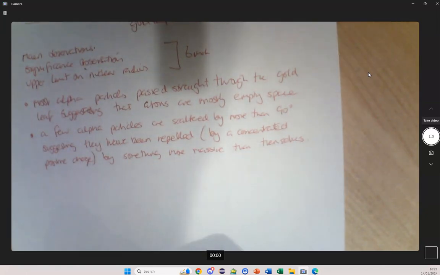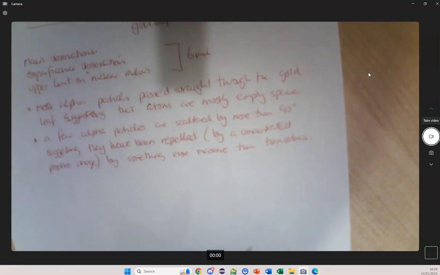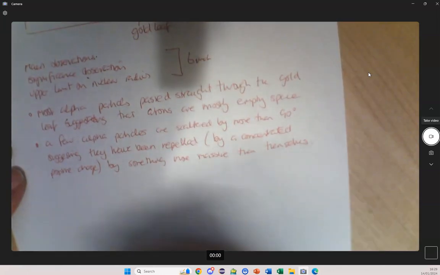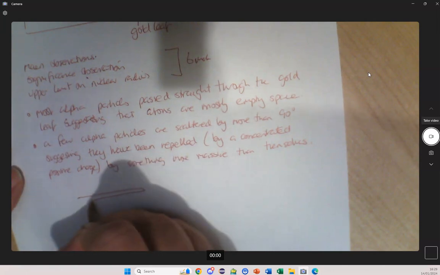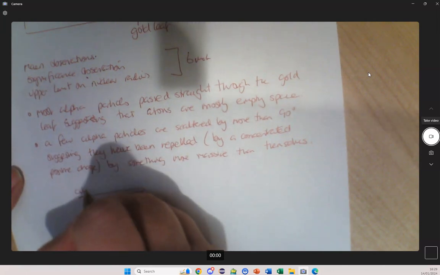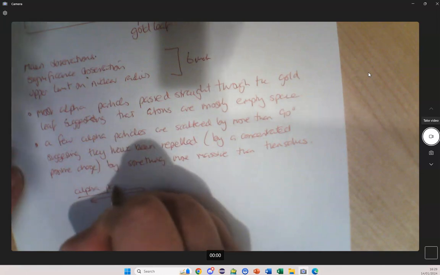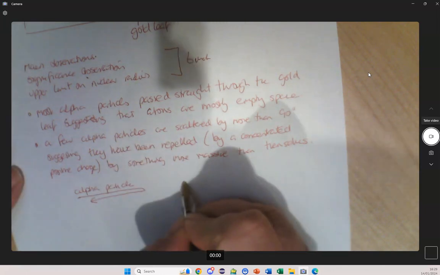The third bit we've got to do is talk about this upper limit. The way we're going to do that is use the idea of a closest point of approach. So I've got an alpha particle coming in that does that. So that's the alpha particle. And then here I've got a nucleus.